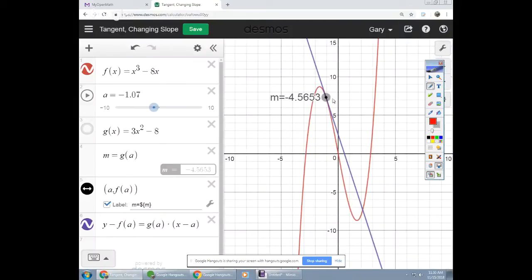Same idea. So if I go over here, notice the slope here is going from -4, -5, -6, -7. And then all of a sudden there's this magic point where it starts going, -8. Oh, now it's up to -7. And then it's up to -6.